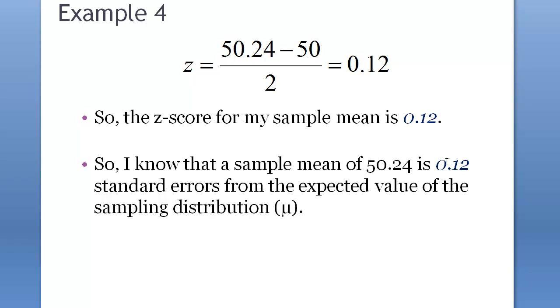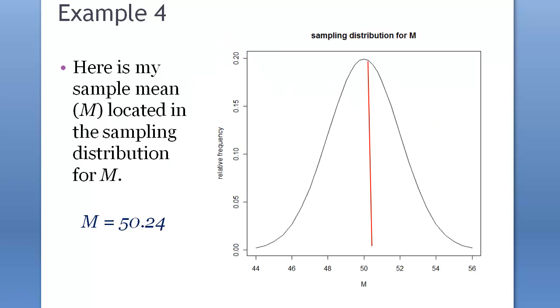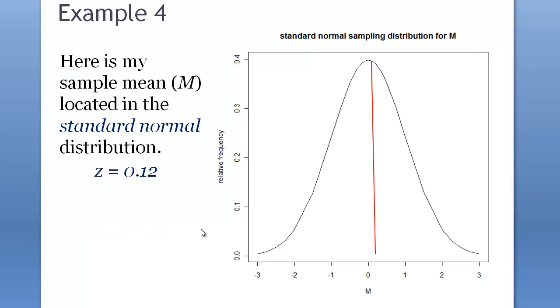So it is 0.12 standard errors from the population mu. If you use a z-score, it's like this: this is 0, and this is 0.12 right here.